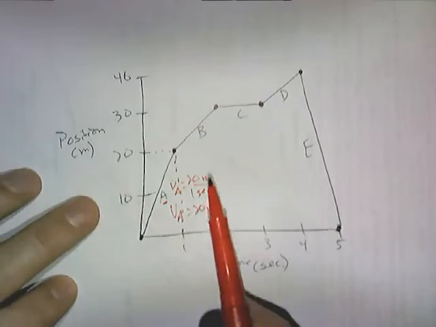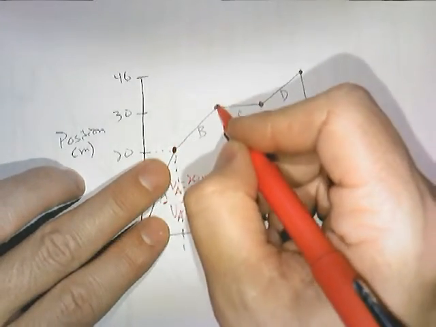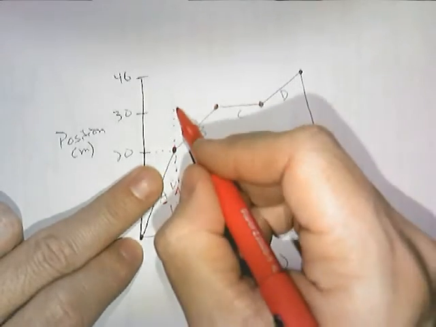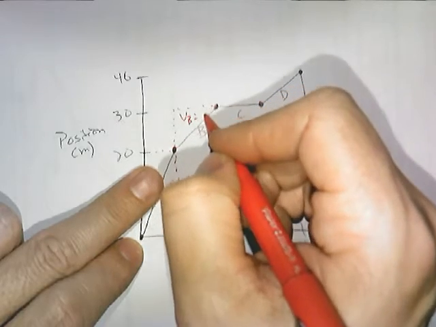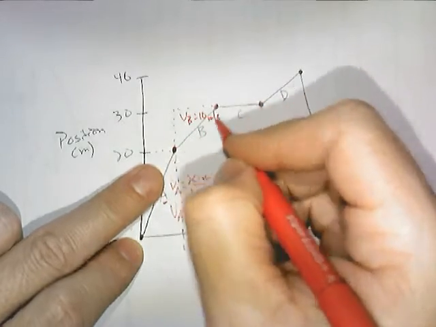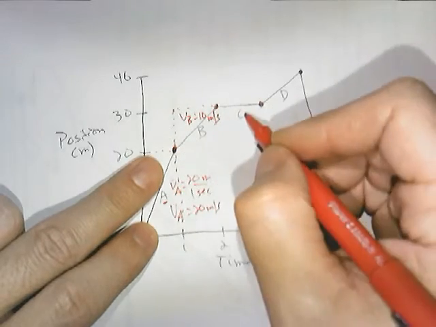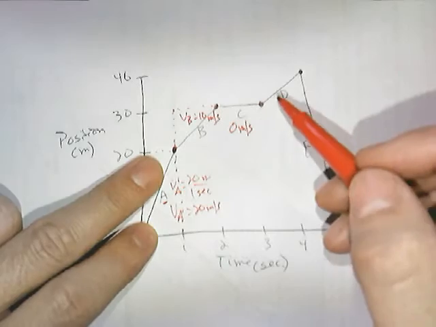And for segment B, it traveled from this location to this location. It traveled 10 meters in 1 second. So the speed of B is going to be 10 meters per second, right? 10 meters, 1 second. C is going to have a speed of 0 meters per second.